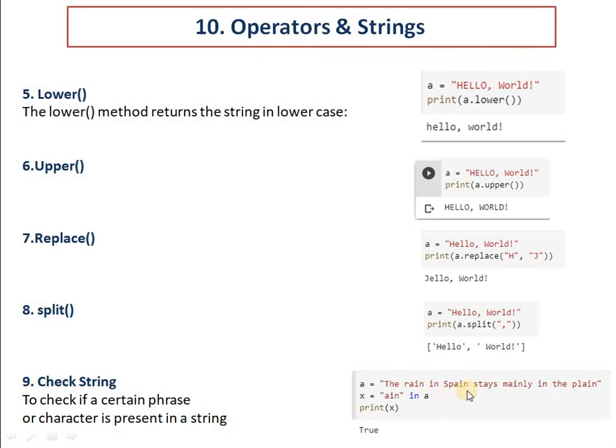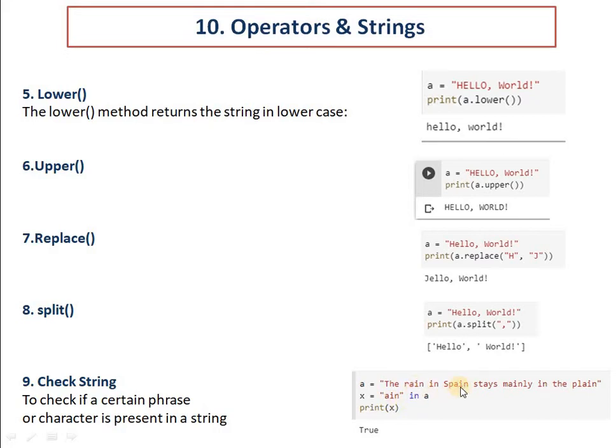So what this statement will do is, it will check whether this ain is present somewhere in the variable a. The value stored in the variable a is the rain in Spain stays mainly in the plain, and I am telling print x. It will return true if the variable a contains ain somewhere.